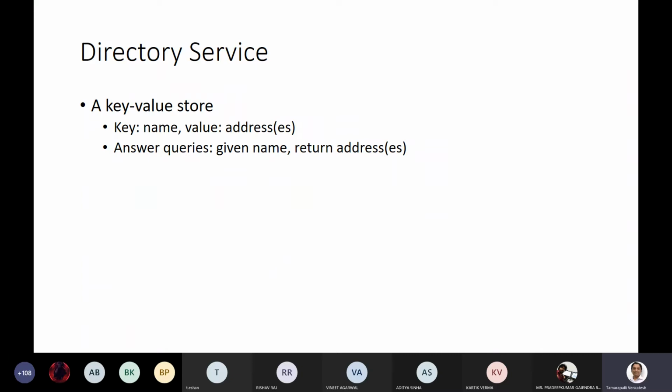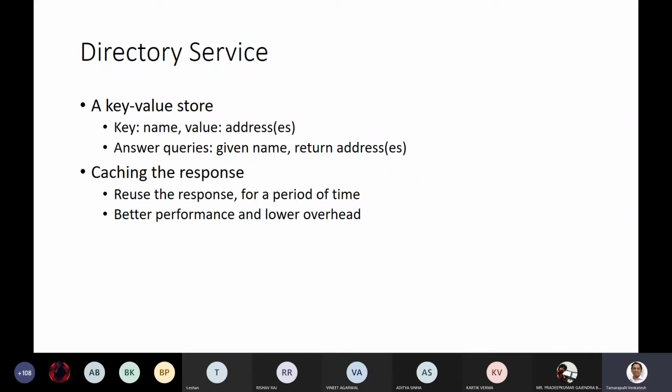So essentially this particular process of answering a query is called resolution. Resolution is a very common term used in networks. Address Resolution Protocol, for example, resolves IP addresses to MAC addresses. Here in DNS, we are talking of resolving a domain name to the IP address.